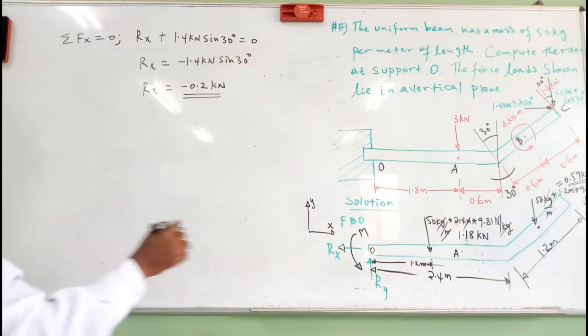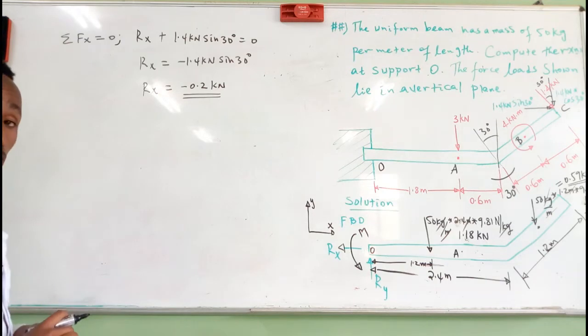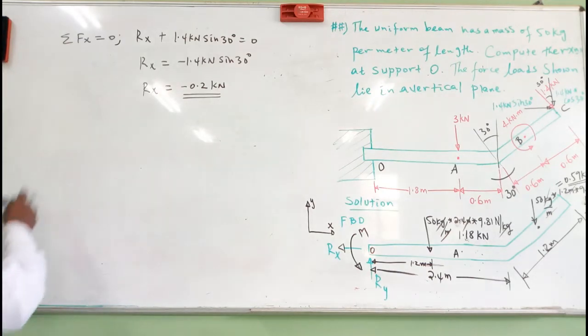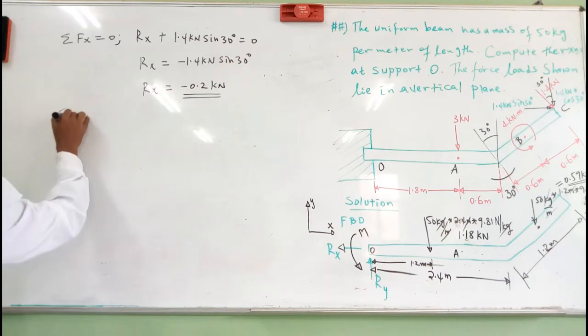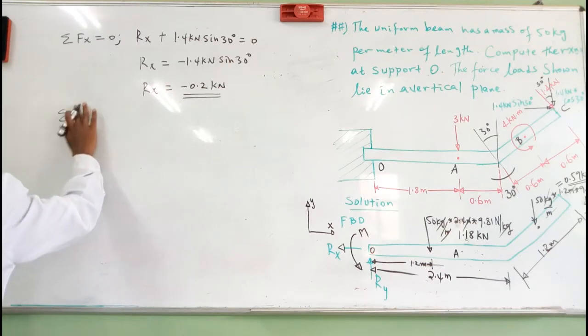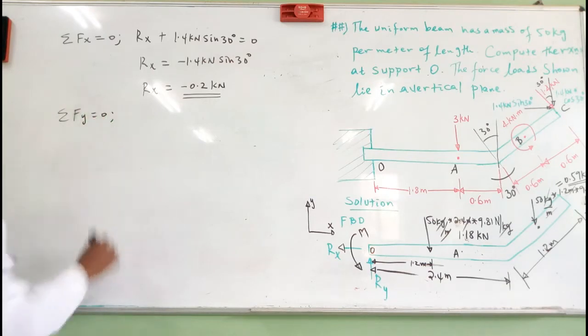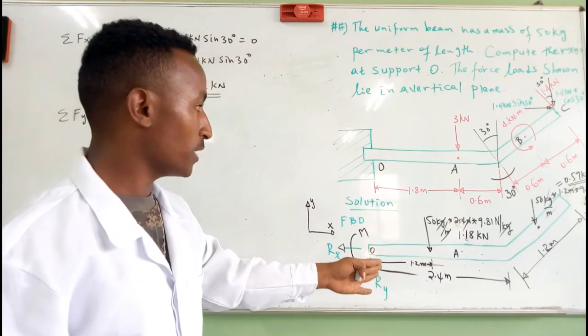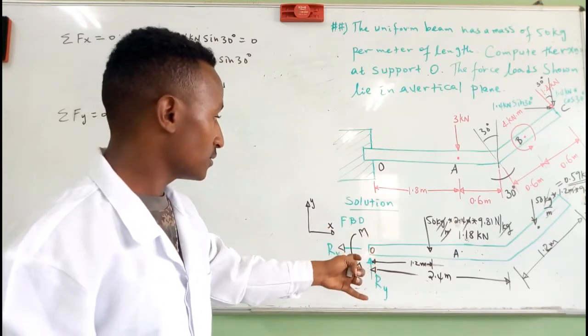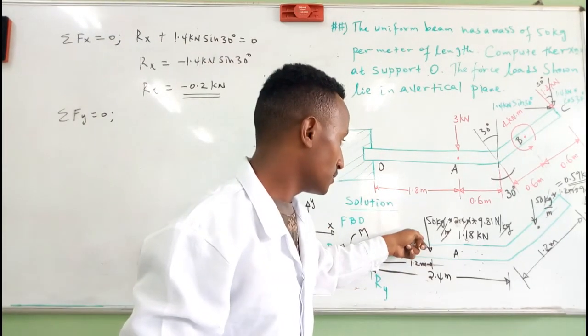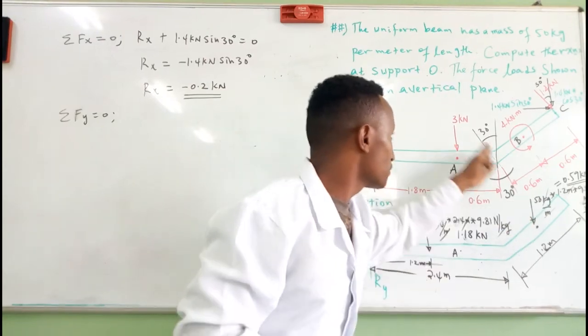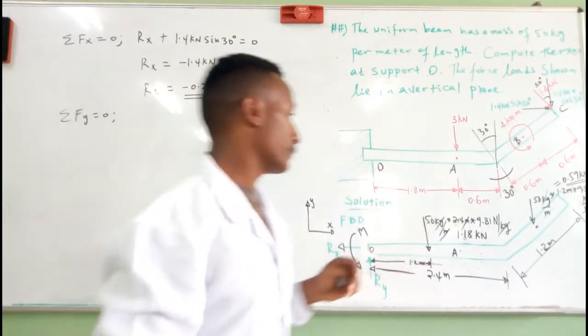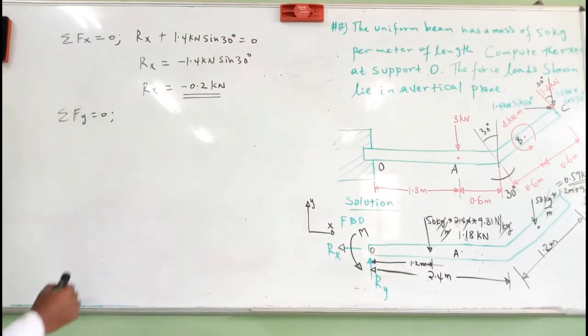So in order to determine Ry, in a similar manner, we can use the equilibrium condition, summation of force along y direction equals 0. So along y direction we have too many forces. Here it is 1, 2, 3, 4. Four forces are there.